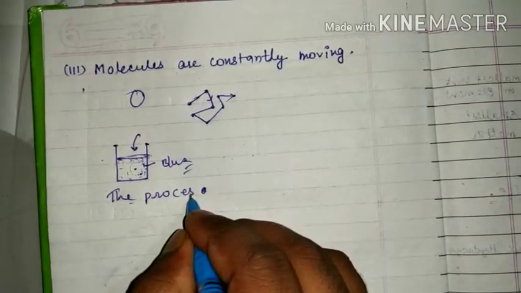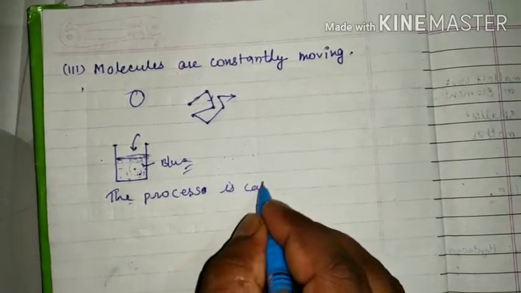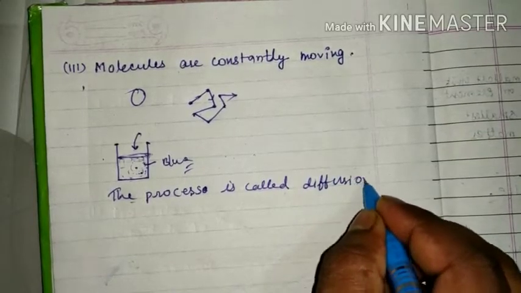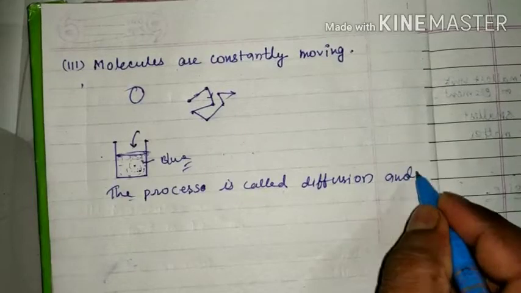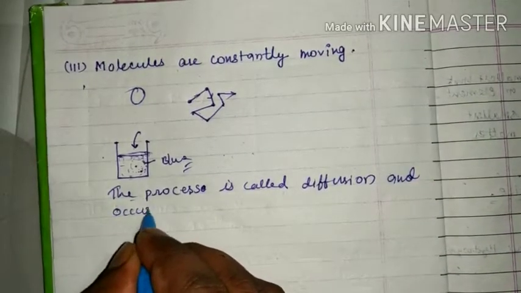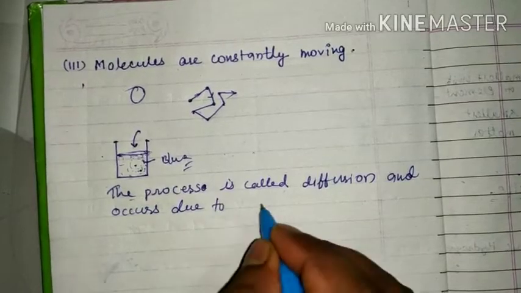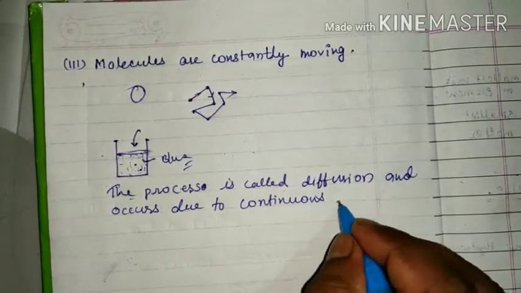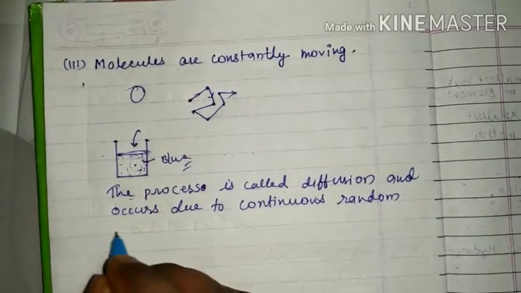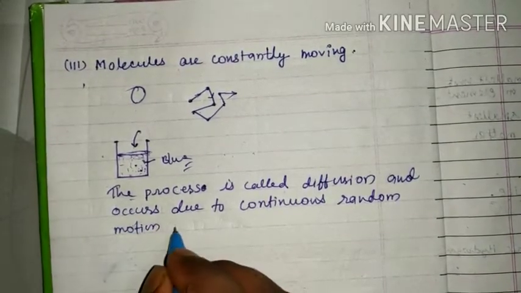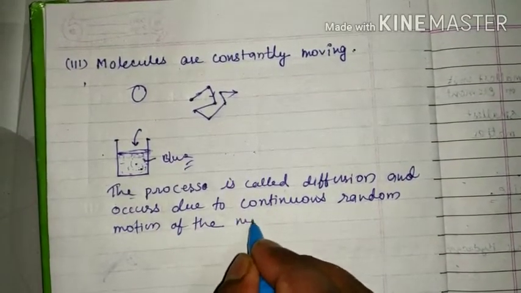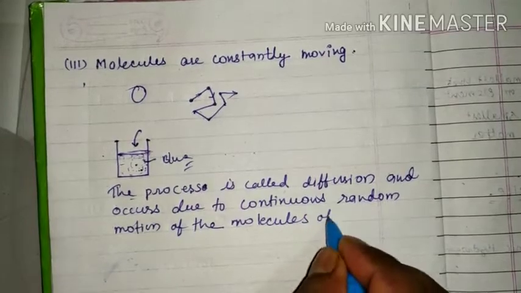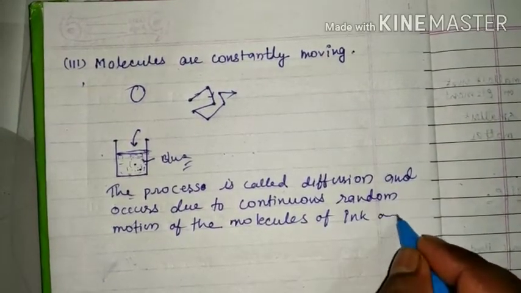So the process is called diffusion, and it occurs due to the continuous random motion of the molecules of ink and water.